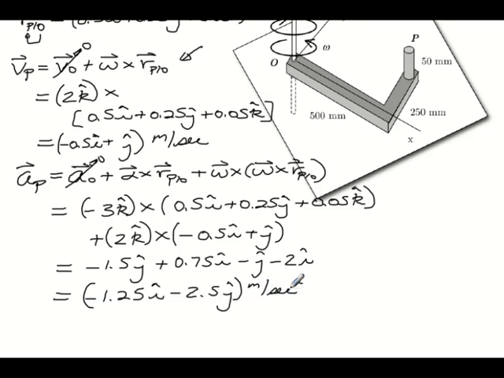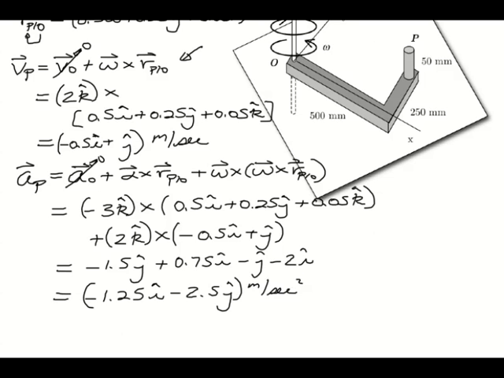So what we did was just do a very basic implementation of a rigid body velocity and acceleration equation. Both of those were referenced back to point O. Point O is a good choice because O is a stationary point on that shaft, and so that simplifies the analysis some.